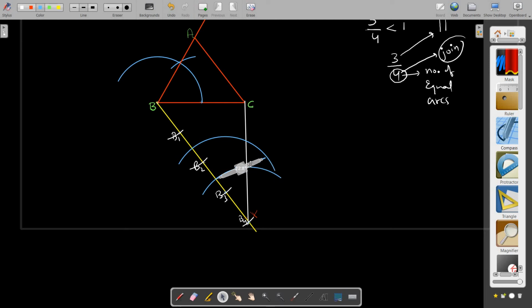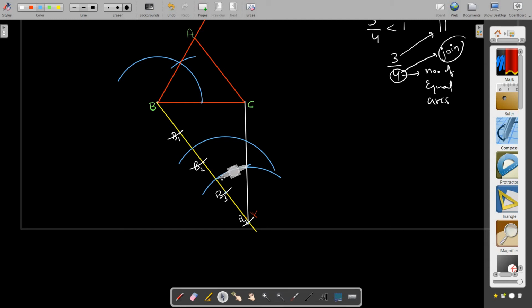And how to measure the angle? Put the compass pointer at one of the points where the arc that we have just drawn intersects the yellow line, that is the acute ray, and the joined line, that is the white line. This we have to measure.